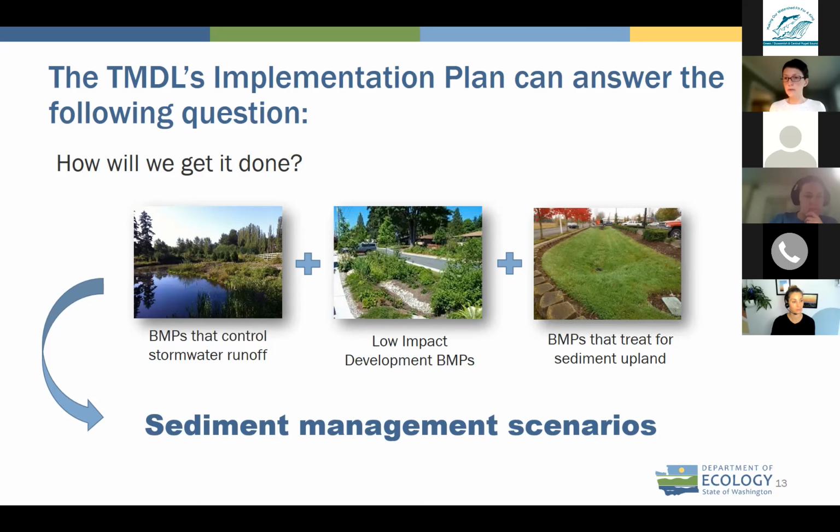So the TMDL will not be prescriptive. What I mean by this is, we will not tell the permittees, you need to put this BMP at this particular location, but we want to get an idea of what amount of work is necessary to get us there.